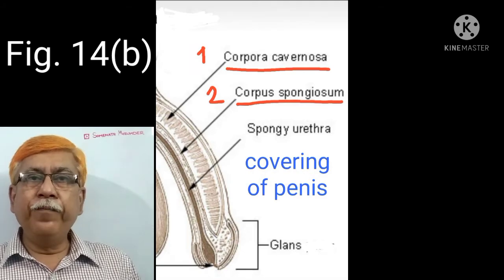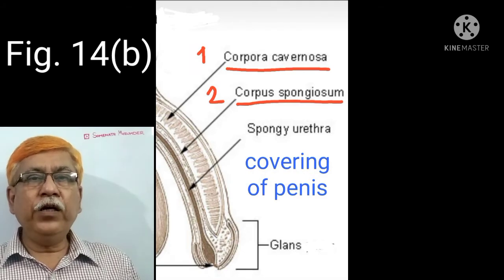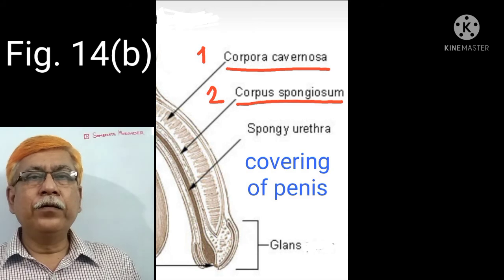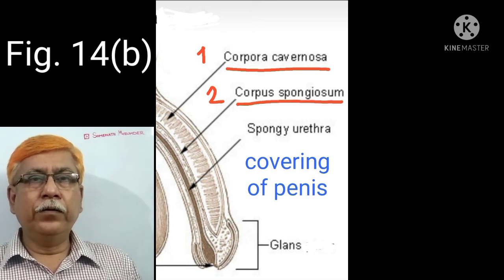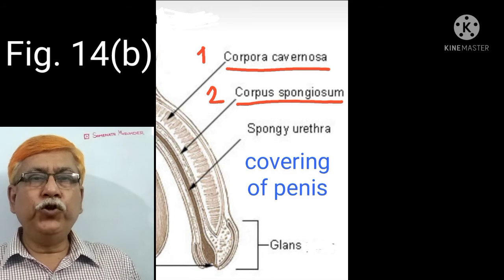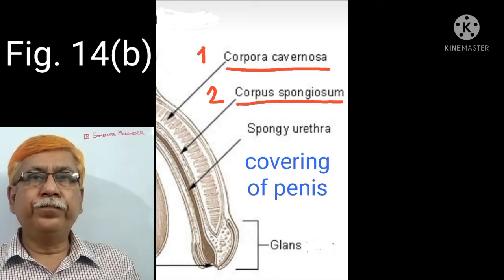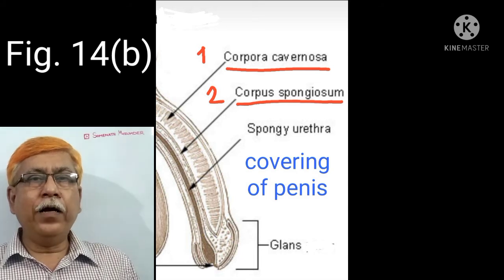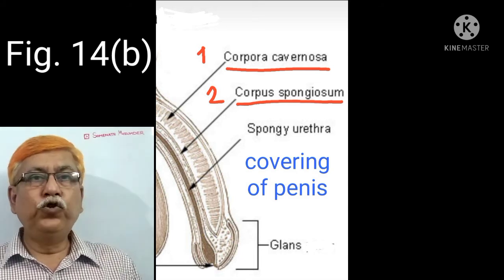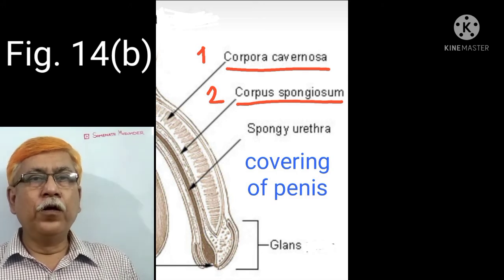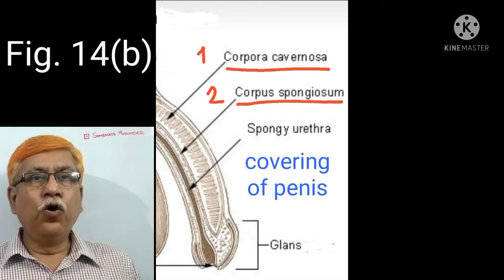Penis is made up of three columns of erectile tissue that are surrounded by connective tissue and covered by skin. Look at the diagram. Two dorsal columns constitute the corpora cavernosa.